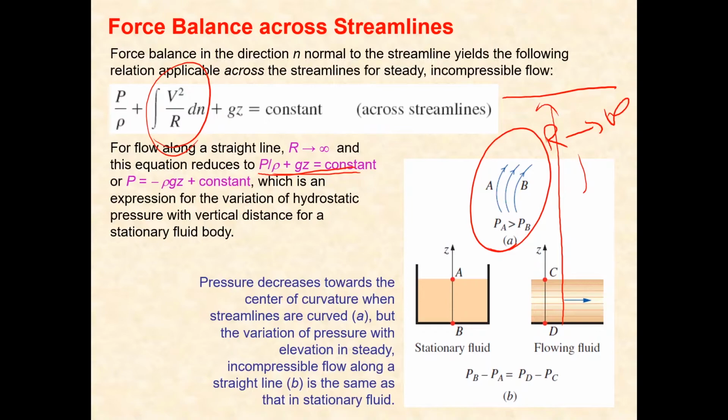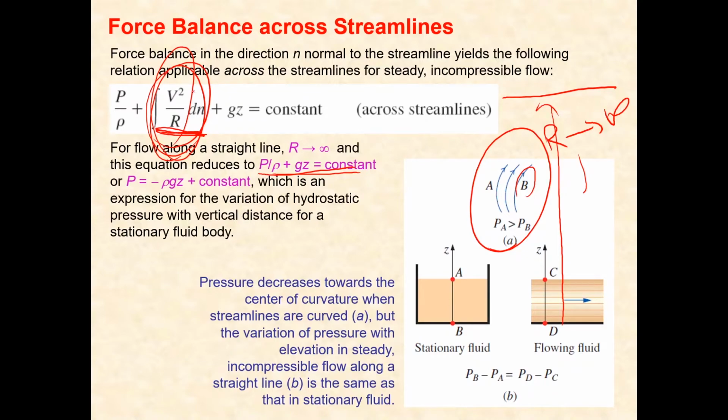When the radius of curvature is higher, V squared over R is going to be low. Taking the elevations of A and B as similar, the pressure at A is higher than at B, because the radius of curvature at B is lower.